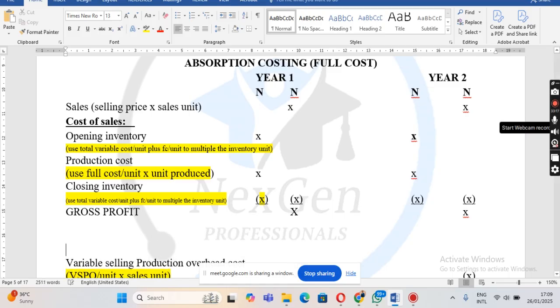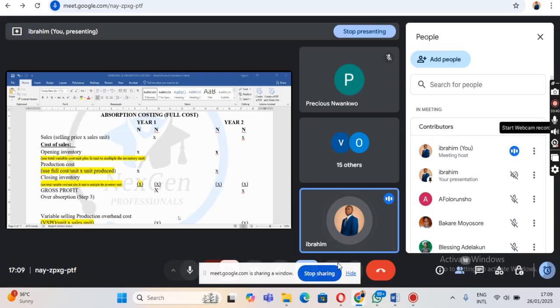If that is established, we will now move to over absorption. Let me use over absorption as step 3. Now, if it is an over absorption, it means that your overhead absorbed is greater than the actual overhead.